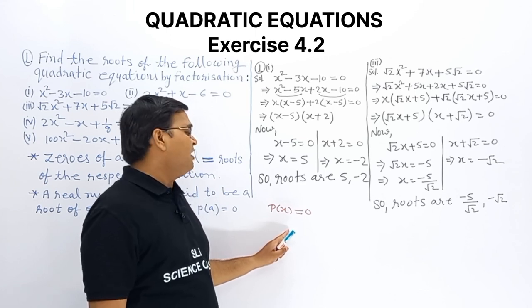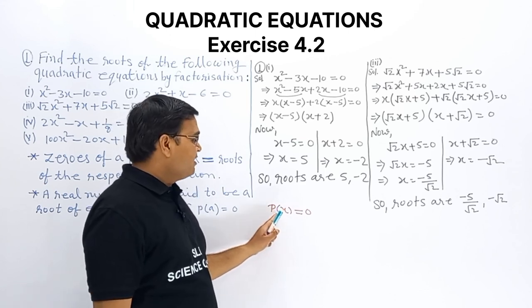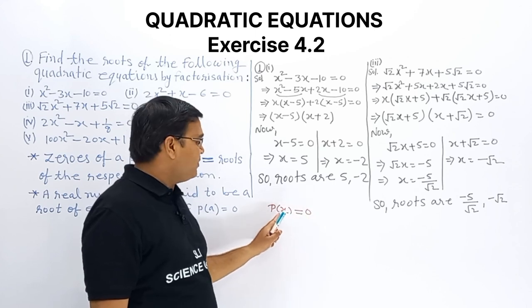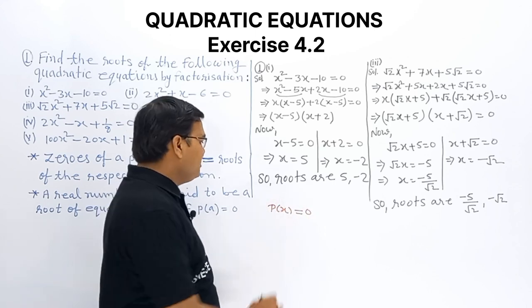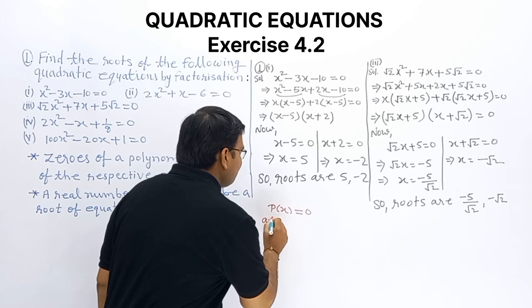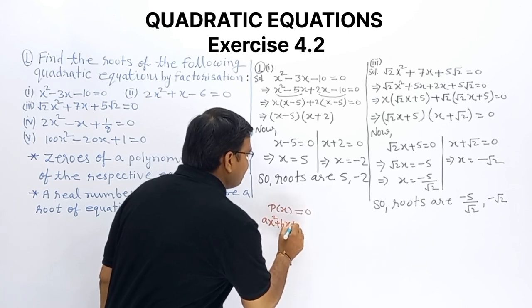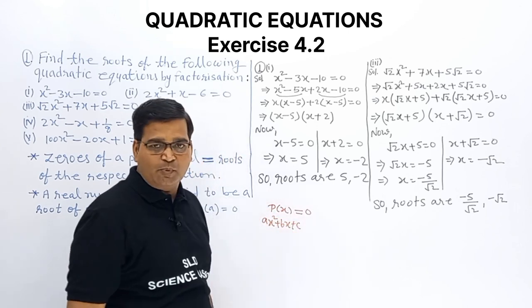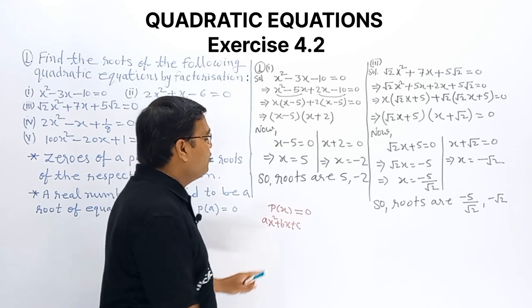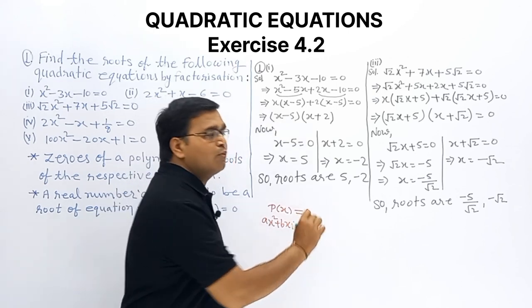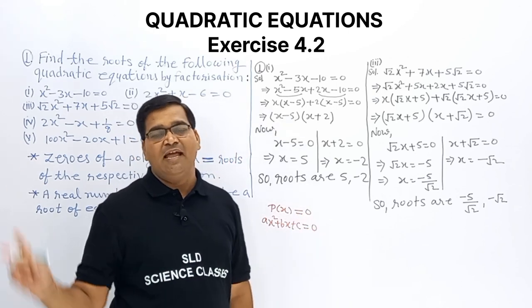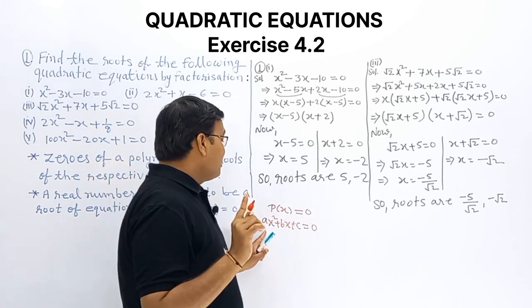If p of x is in the form ax square plus bx plus c, this is a quadratic polynomial, and when it is equal to 0, that is called a quadratic equation.